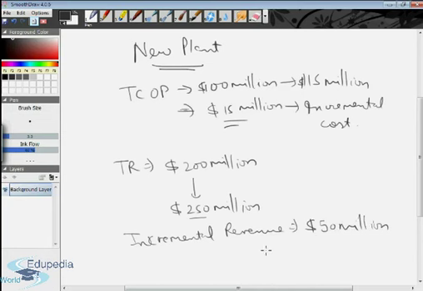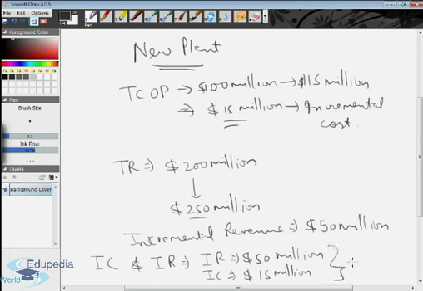Thus, in this particular case, we will be comparing the incremental cost and the incremental revenue. The incremental revenue is equal to $50 million, whereas the incremental cost is equal to $15 million.